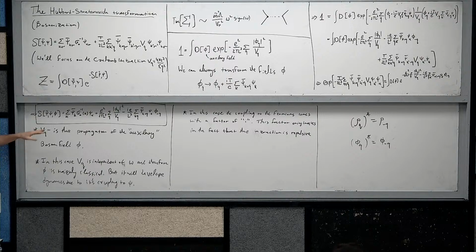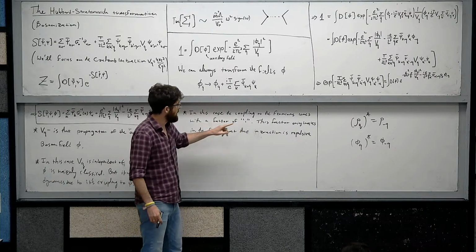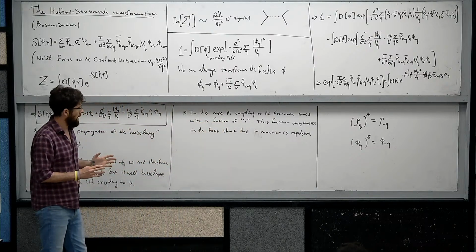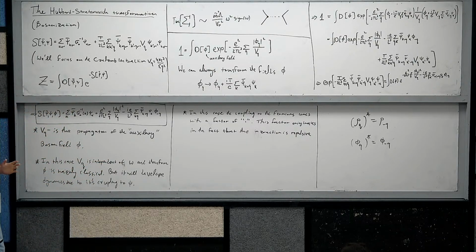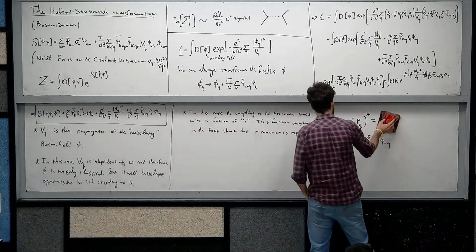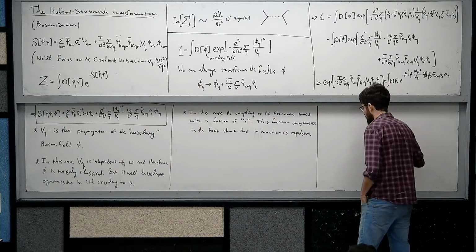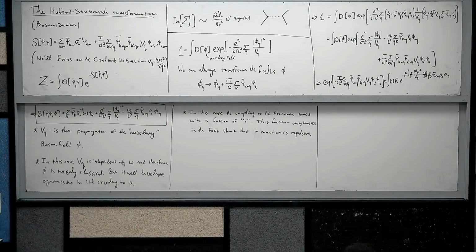And the reason is because of this factor of i. I want you to think about it in terms of the fact that the action is complex. Once you have repulsive interactions, you're forced to have a complex action, and that means that the field integral cannot be interpreted as some probability. Because it cannot be interpreted as a probability, we cannot use quantum Monte Carlo.